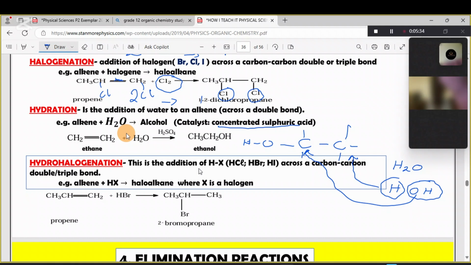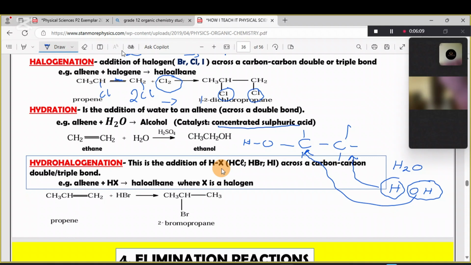Okay, and then I have the one we were dealing with now. It's called hydrohalogenation. Why is it hydrohalogenation? It's because you're adding an HX. Whether it's HCl, HBr, or HI, it's an HX, meaning it's H with a halogen. That's the one we're dealing with, so the H goes on one carbon and the halogen goes on the other.